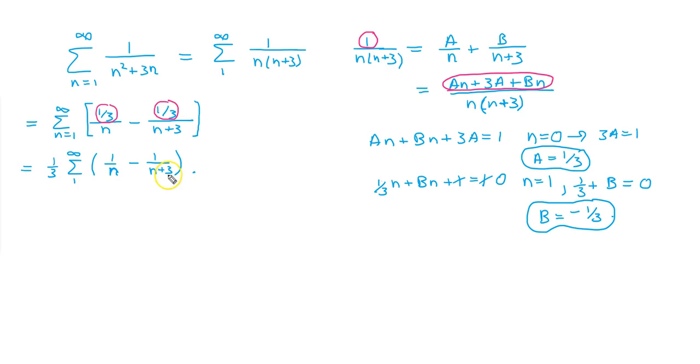Let's write out a few terms and see how far out we have to go to see the collapsing taking place. So we're going to have our 1/3 out here, and then, if I put 1 in here for n, I get, now if I put 2 in for n, I get, alright, I don't see any collapsing yet, so let's keep going.